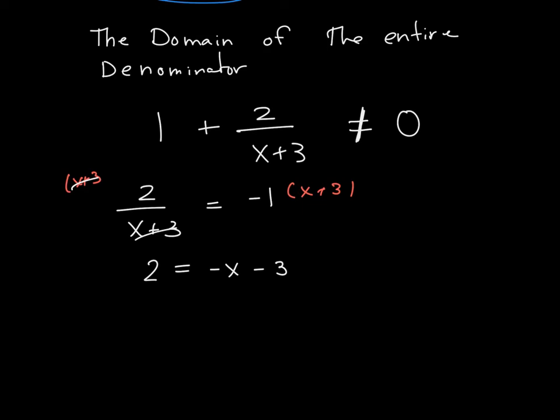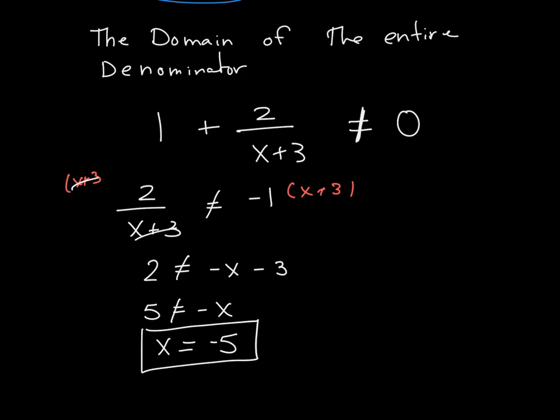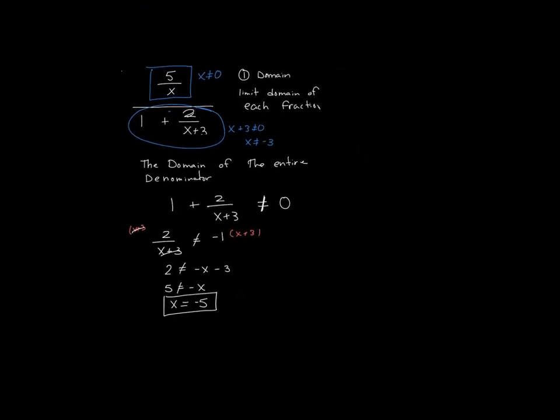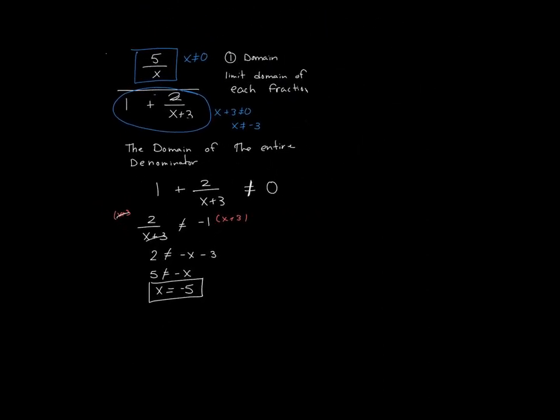Or that 5 is equal to negative x. Whoops, again, that's cannot equal. And x cannot equal then negative 5. So that was one of our solutions. Let's go ahead and put up there what else we couldn't have from the beginning. From the beginning, we also had that x could not equal negative 3 and x could not equal 0.